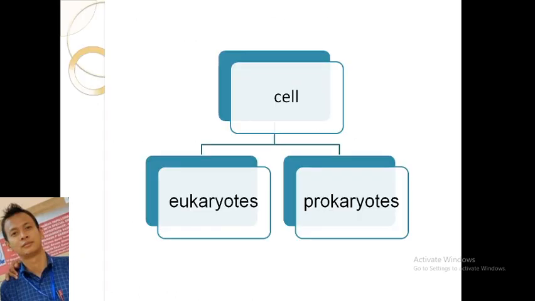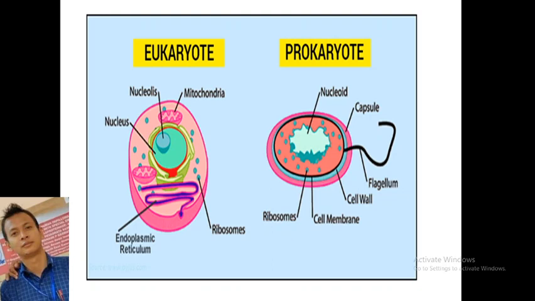Cells are divided into two types: eukaryotes and prokaryotes. Eukaryotes are cells which contain a nucleus. You can see the picture here.